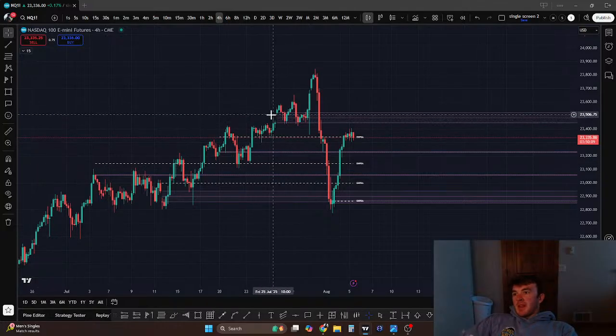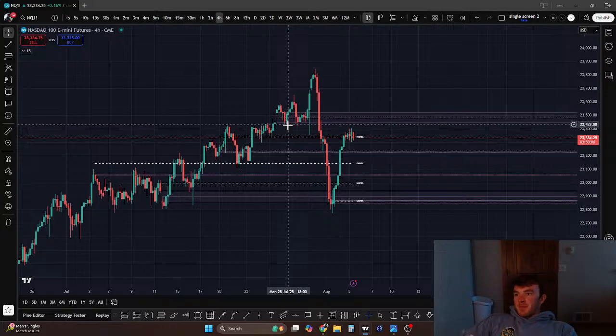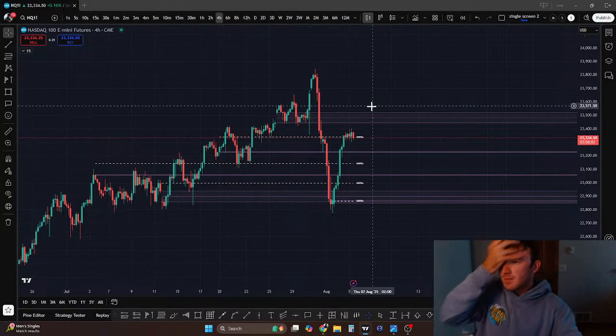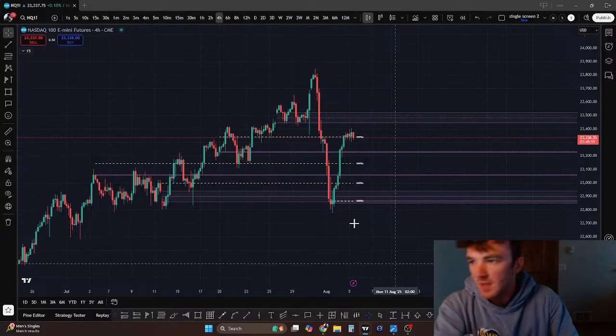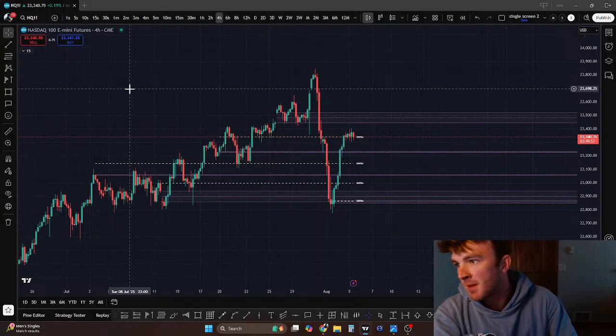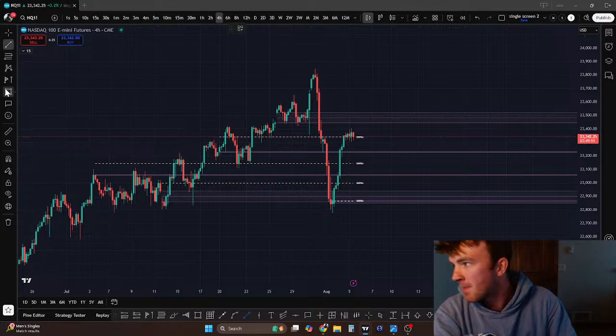This new week opening gap might end up being a draw on liquidity. Right, because we moved from one new week opening gap. Maybe we're going to draw to this one.